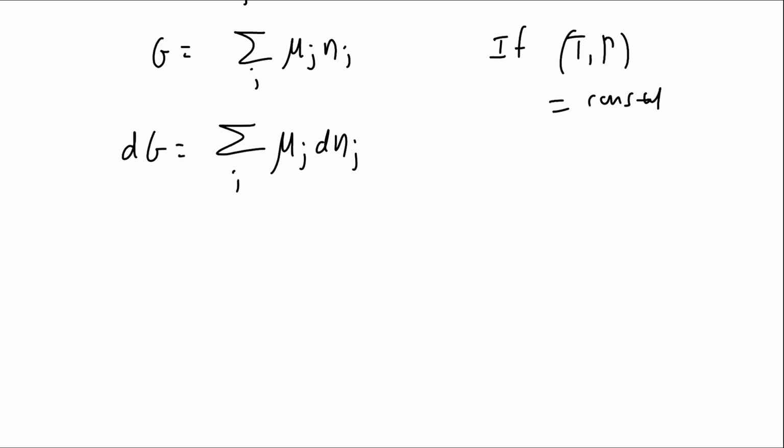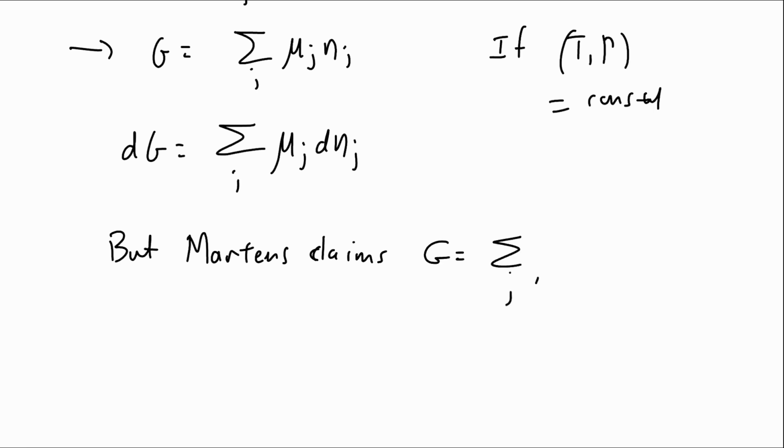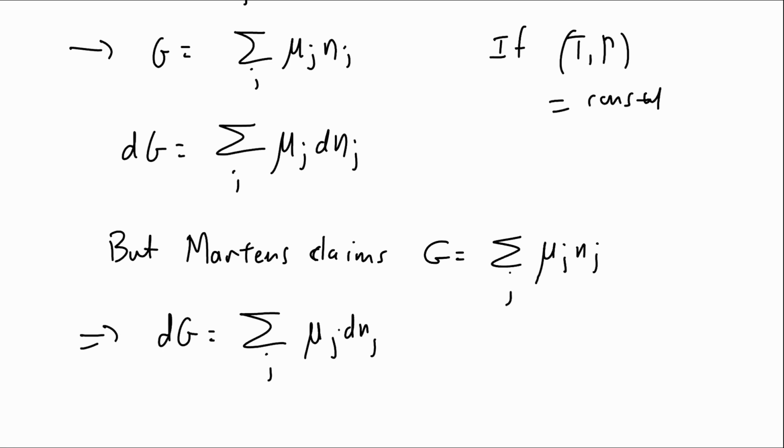But if I claim that that's G, G is the sum over j of mu sub j n sub j, that means dG is the sum of mu sub j dn sub j.